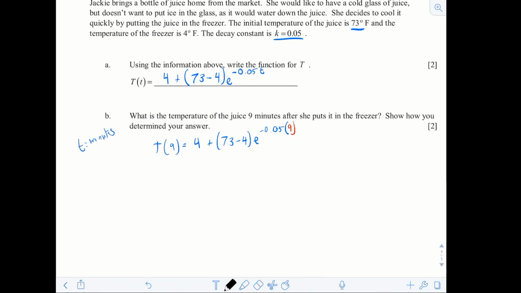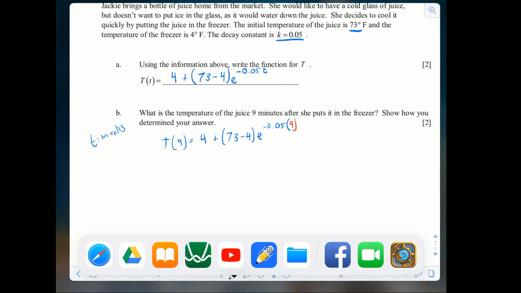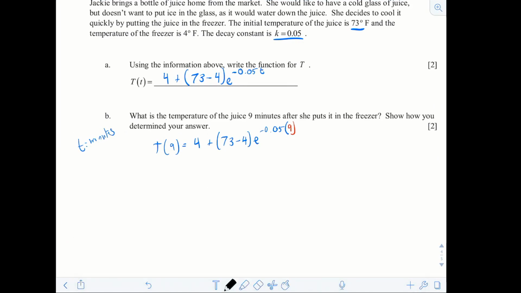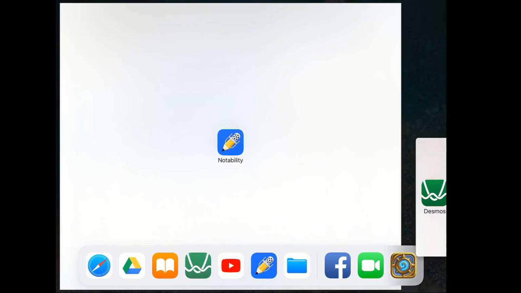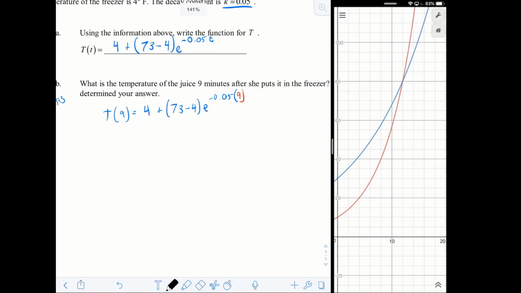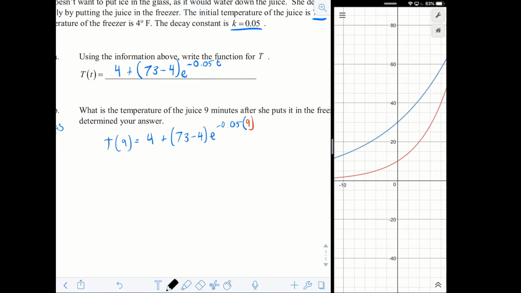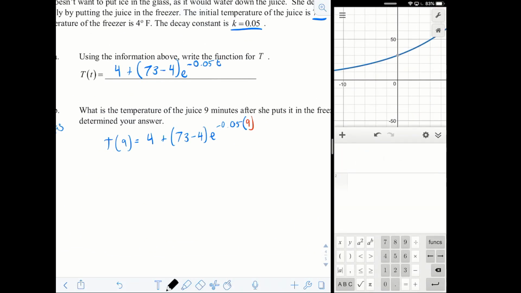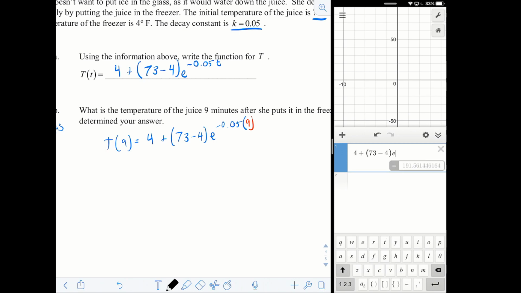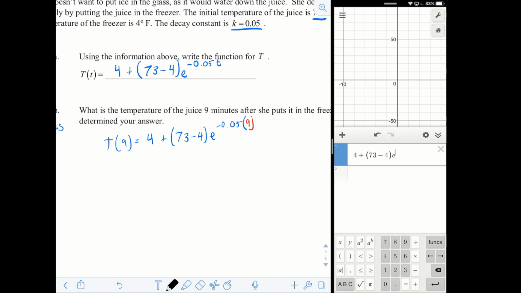Okay, so I can just type this into my calculator. I'm going to type this into Desmos because Desmos is also a calculator too. And yes, you can also graph this and call this a day. So I'm going to type in 4 plus parentheses 73 minus 4, and then close parentheses, e to the parentheses.